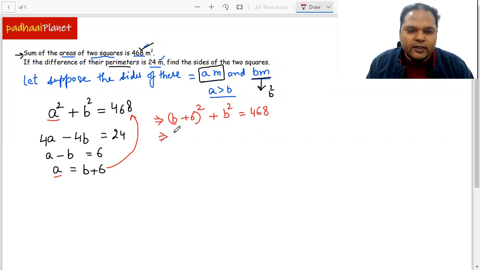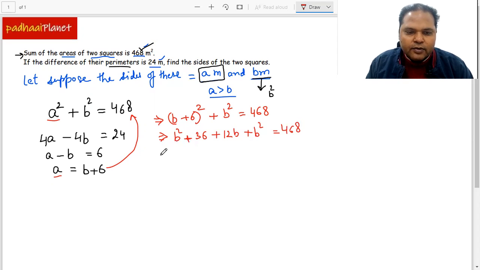Now let's expand this bracket, as this is in the form of a plus b whole square. So we can write b square plus 36 plus 12b, plus b square is equal to 468.